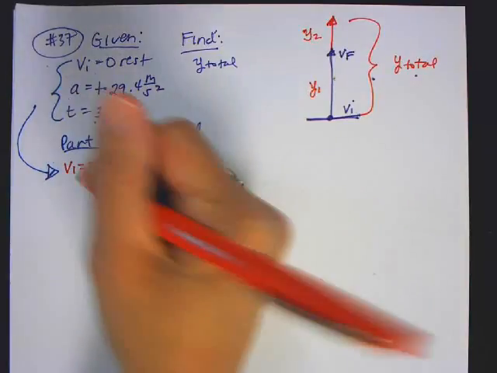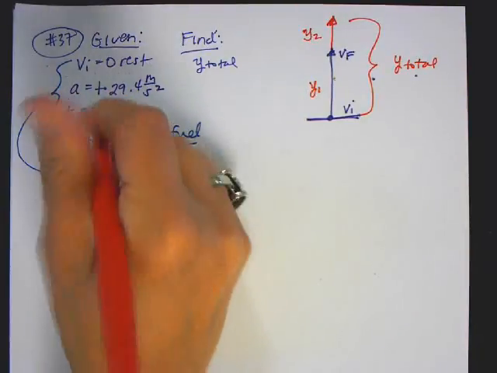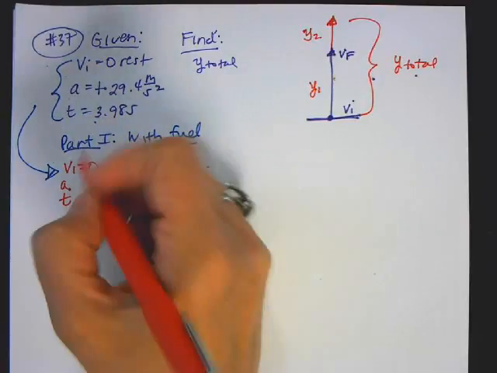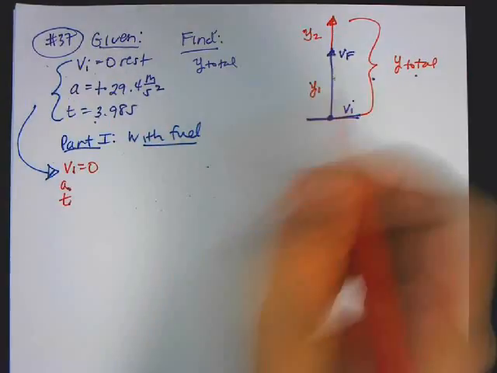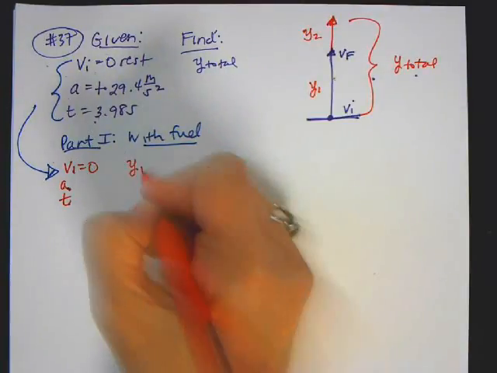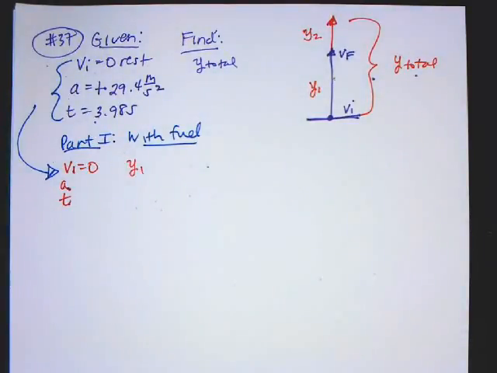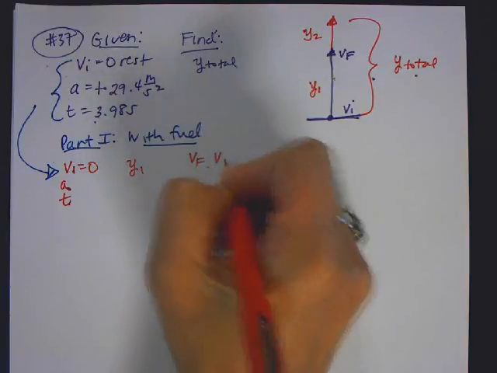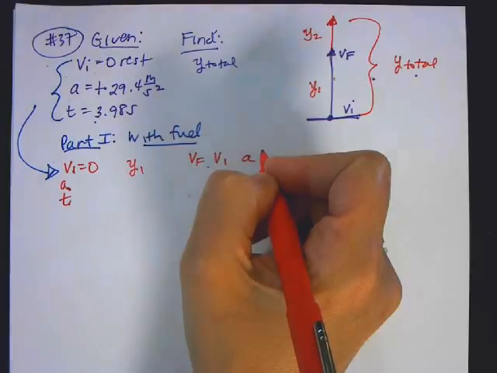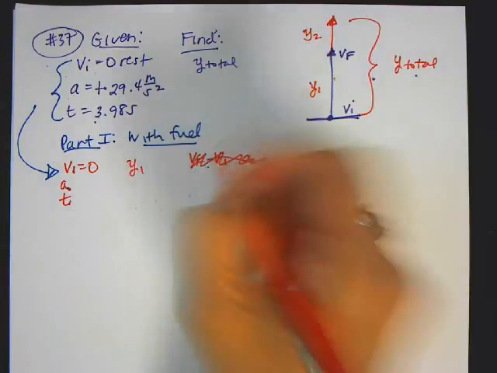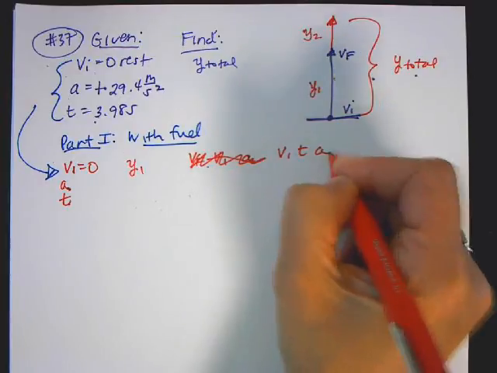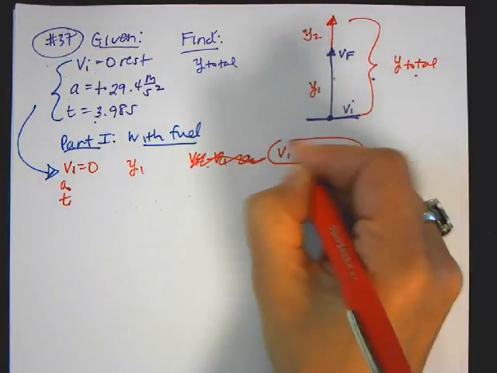We have A, and we also have T. So if we have VI, A and T, and we want to find this Y1, now I'm going to say to myself, which equation has those four variables? We have VI, we have T, we have A, and we want to find Y. So which equation has those four variables?